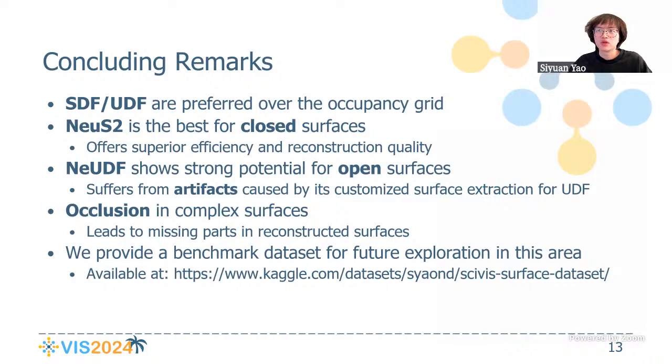For open surfaces, NUDF shows promising results, but there is still room for improvement, especially in training speed and quality of details. The other problem is that opaque surfaces cause significant occlusion if they have complex geometries, and this has a heavy impact on reconstruction accuracy, particularly when the number of training views is limited.